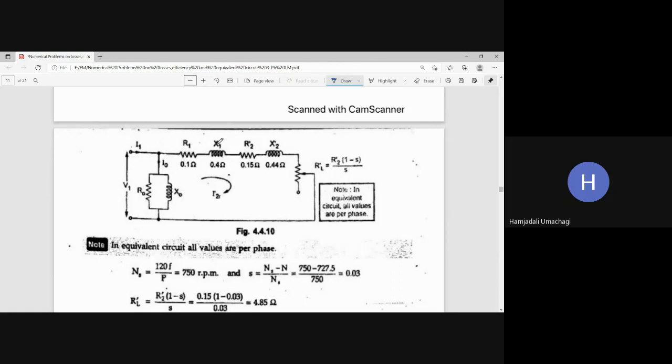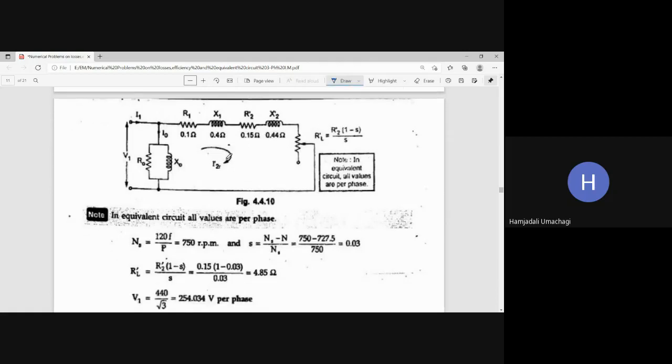R1 is the stator resistance, X1 is the stator reactance, R2 dash is the rotor resistance referred to the stator side, X2 dash is the rotor reactance referred to the stator side, and RL dash is the electrical equivalent of the mechanical load referred to the stator side. Note that in the equivalent circuit all values are per phase. So this is the approximate equivalent circuit of the three phase induction motor.